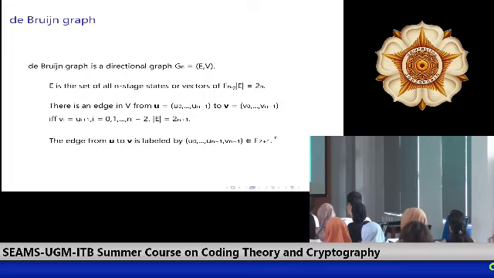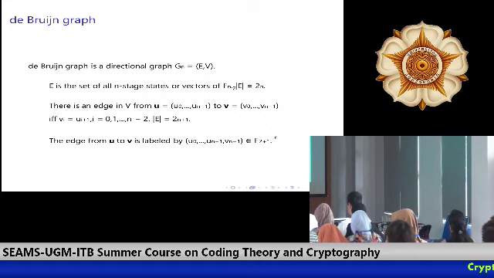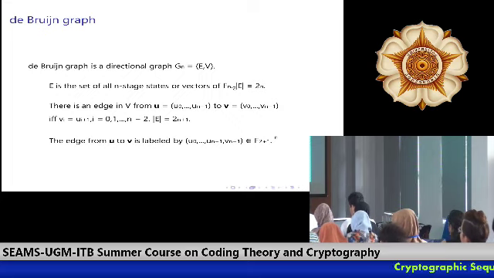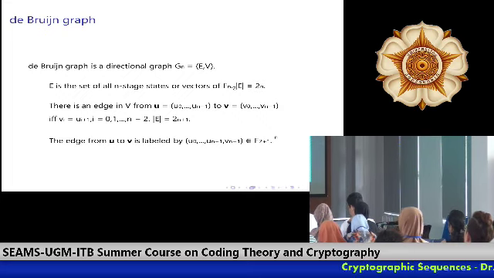For example, 1110 and 1101, and the last bit can be 0 or 1. All have an edge.